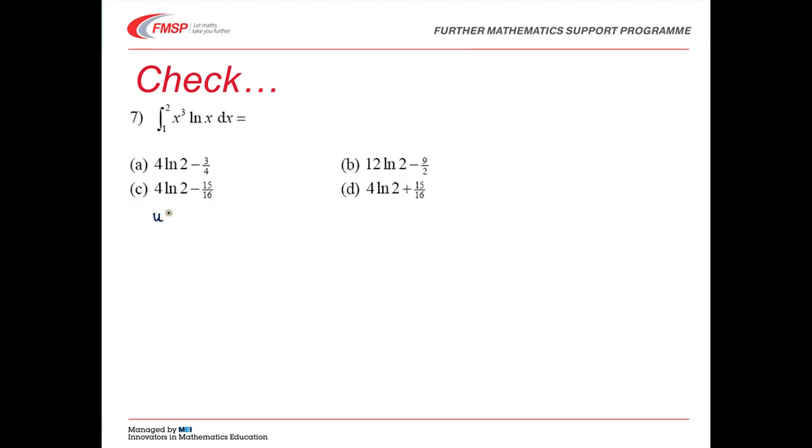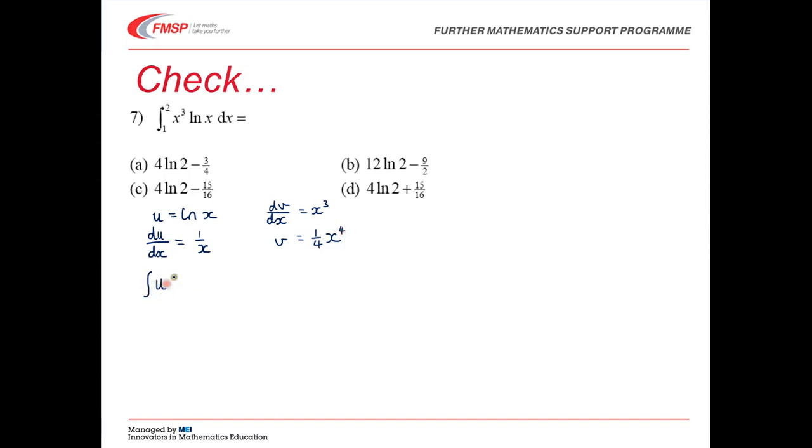We'll take u equals log x, because we really don't want to be integrating that, whereas differentiating it is easy. And therefore, although it's going to get more complicated, dv by dx is x cubed and v is a quarter x to the 4.